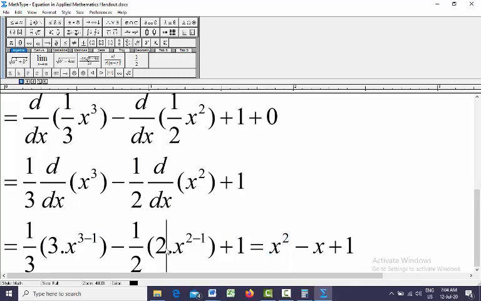And then again these 2 multiplied by half, these 2 cancel each other out, and we are left with x to the power 2 minus 1. 2 minus 1 is only 1, x to the power 1. And you know that power 1 you don't need to write. So the answer is x square minus x plus 1.